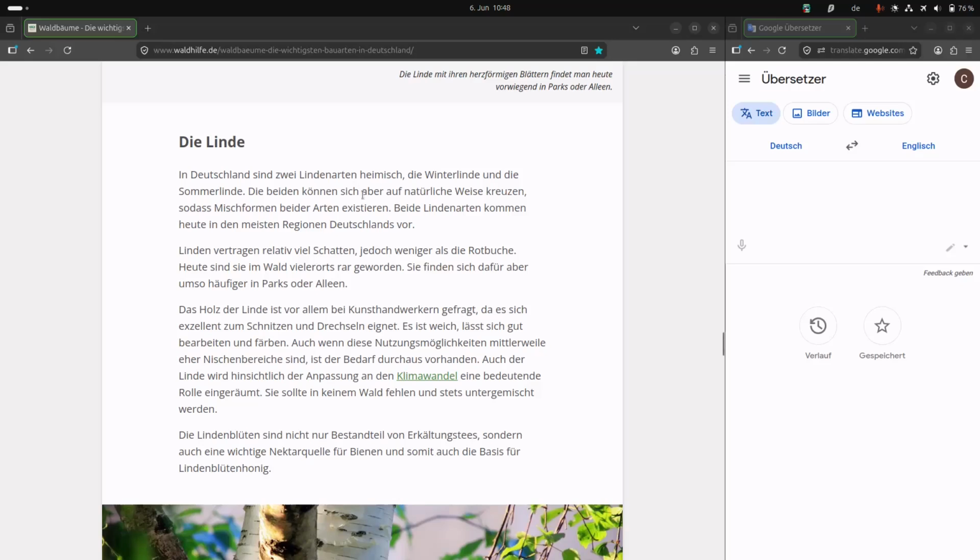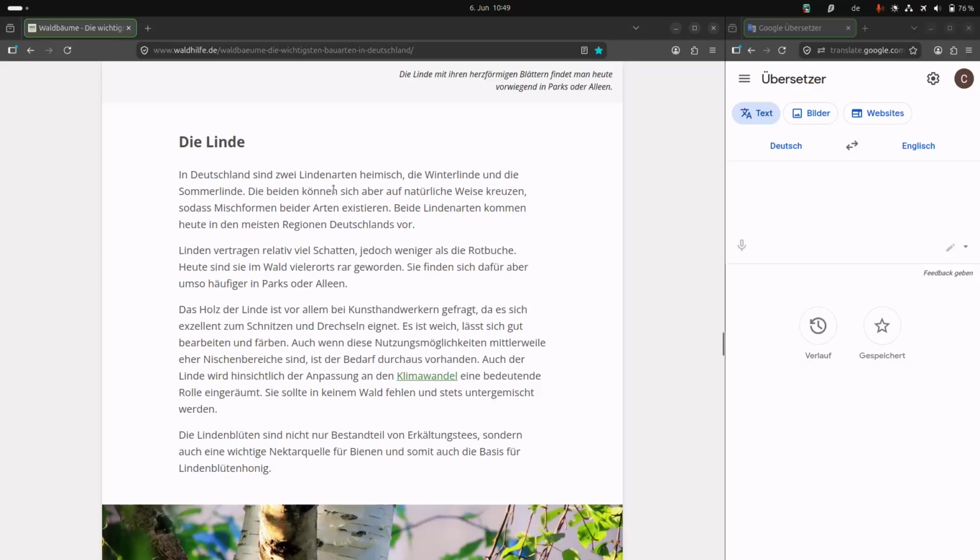So, sie können sich, so die beiden können sich, they both can themselves, but in a natural way cross so that mixed forms of both species exist. So they both can also, aber, this is kind of saying in contrary to what was said before.